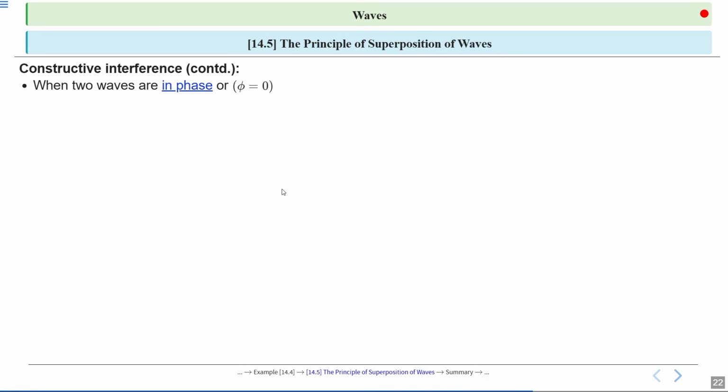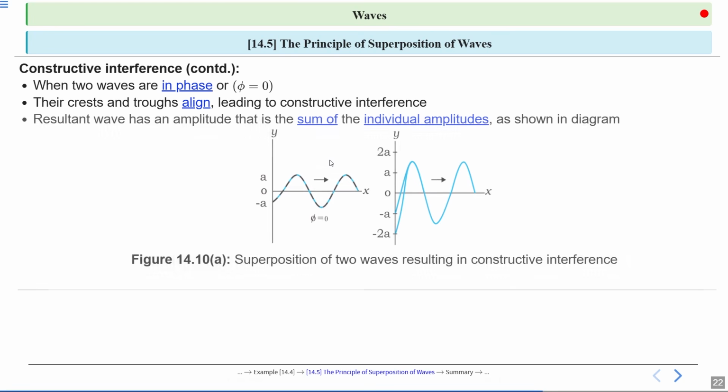Now, when two waves are in the same phase, or phi equal to 0, their crests and troughs align, leading to constructive interference. In other words, the combined effect is stronger than either wave alone. So, as a result of this perfect alignment, the amplitude of the resulting wave is simply the sum of amplitudes of the individual waves.